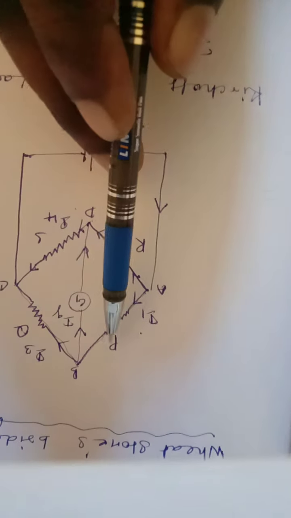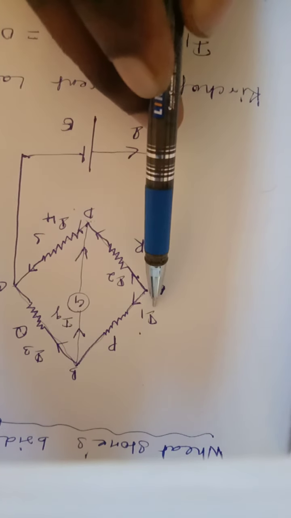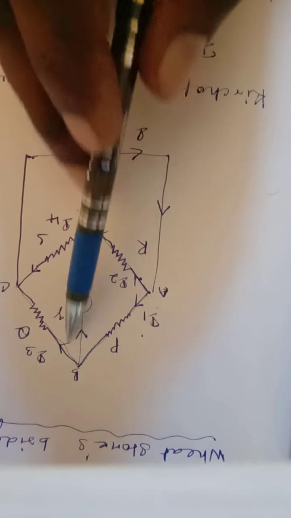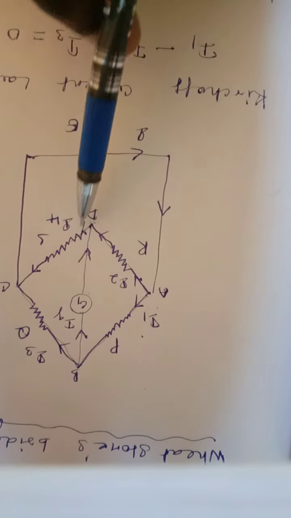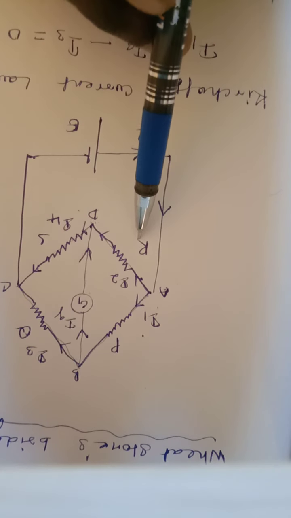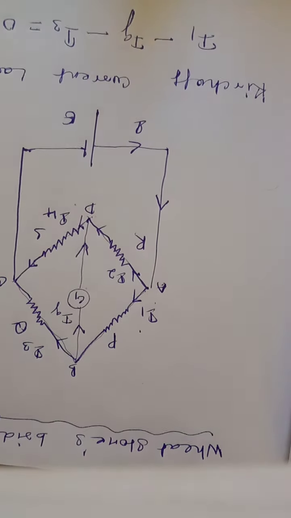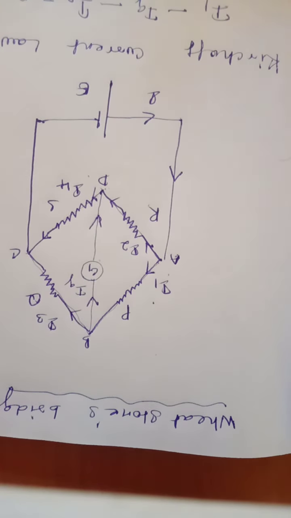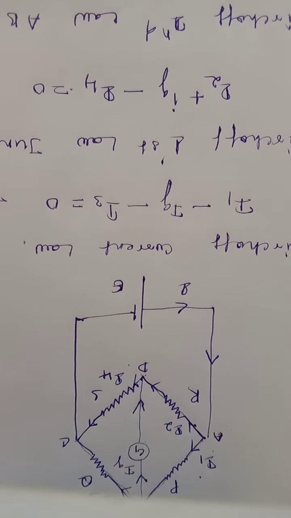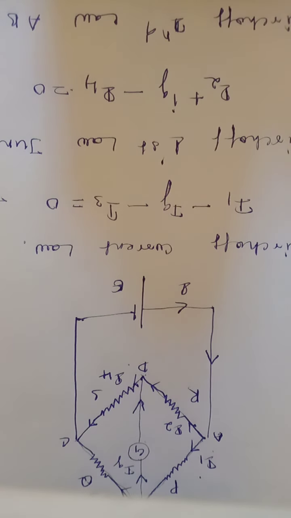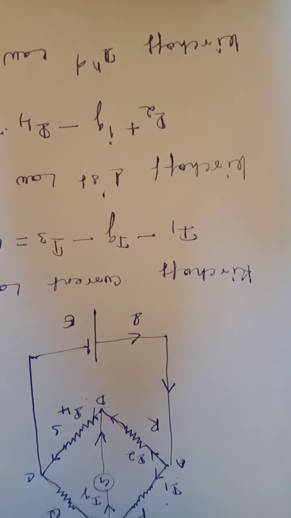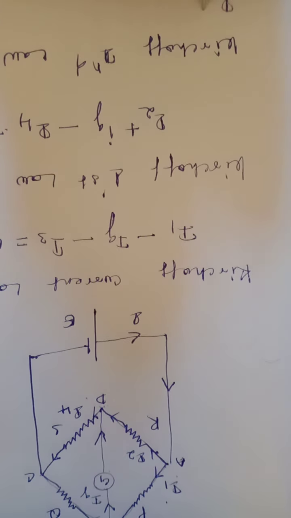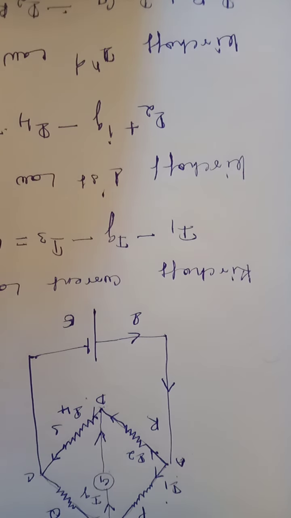Here current I1, resistance P. Here current Ig, resistance G. Here current I2, resistance R. Applying the second law, I1P plus IgG minus I2R is equal to 0.